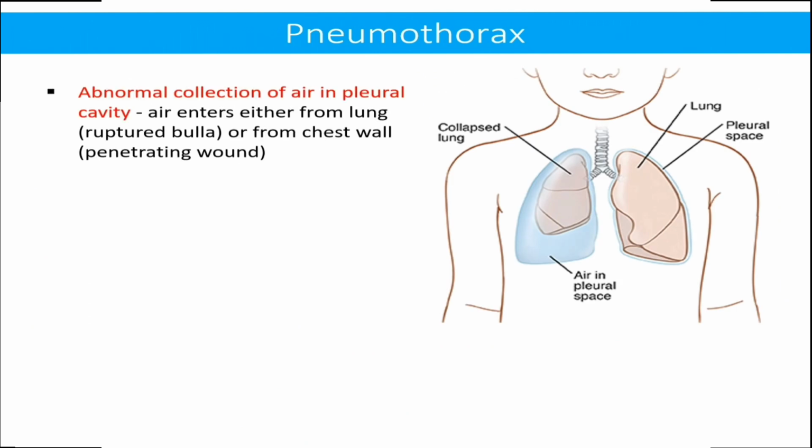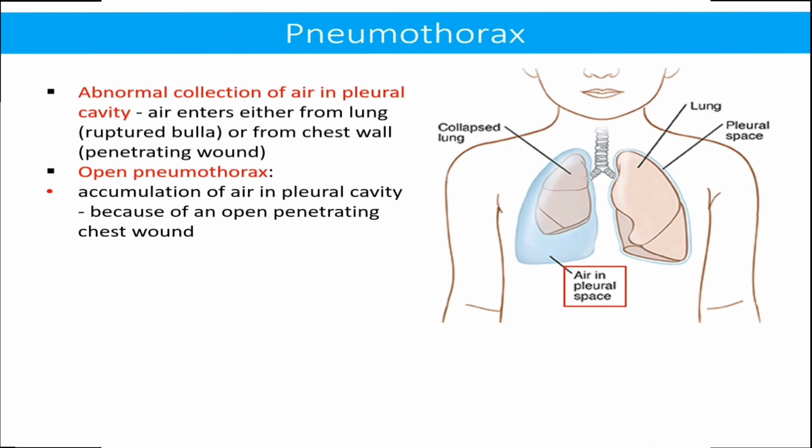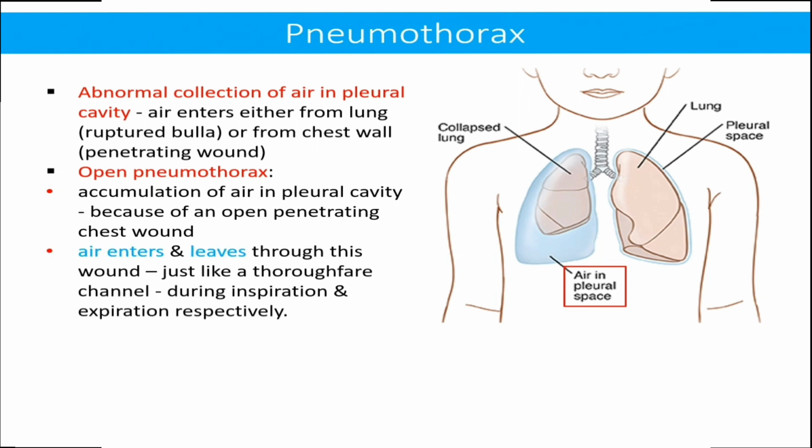Pneumothorax or simple pneumothorax. It is abnormal collection of air in pleural cavity. Air enters either from lung through a ruptured bulla or from chest wall through a penetrating wound, whereas open pneumothorax is accumulation of air in the pleural cavity because of an open penetrating chest wound.